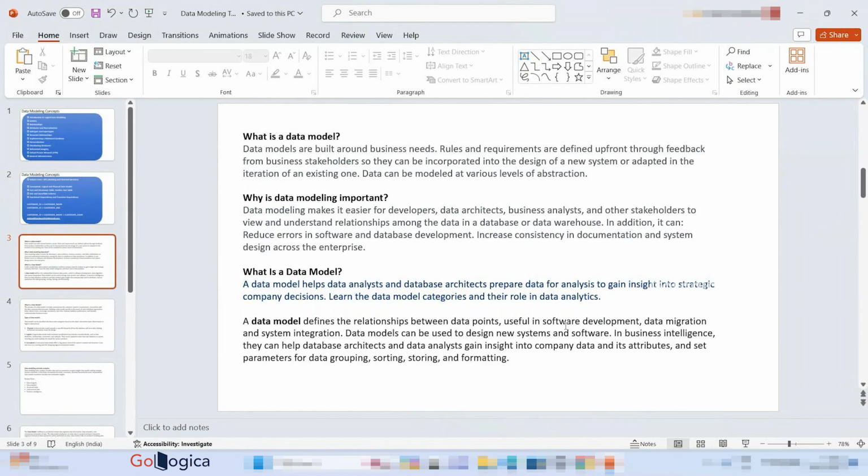Yes, the data can be modeled at various levels of abstraction.